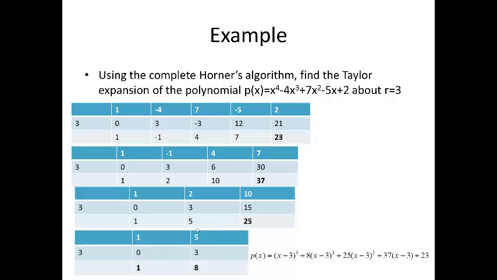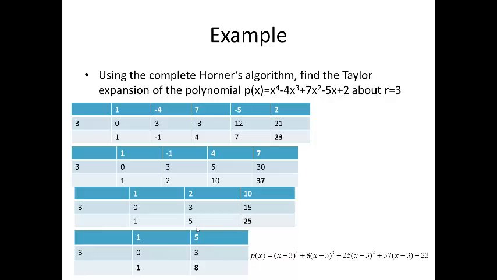And then at the end we take the bolded numbers from bottom to top and form the polynomial. (x minus 3) to the 4th plus 8 times (x minus 3) cubed plus 25, next bolded number, (x minus 3) squared plus 37 (x minus 3) plus 23 from the first synthetic division we did.